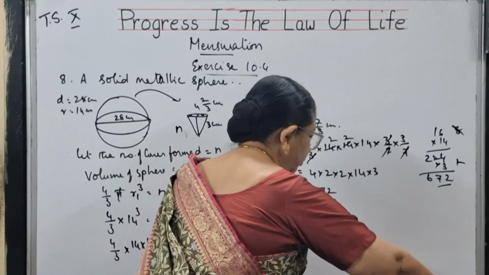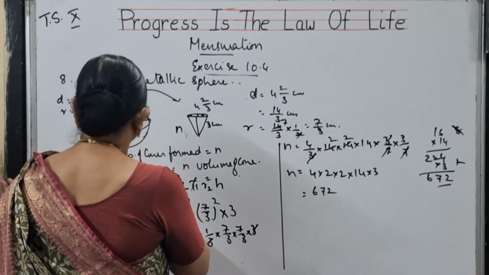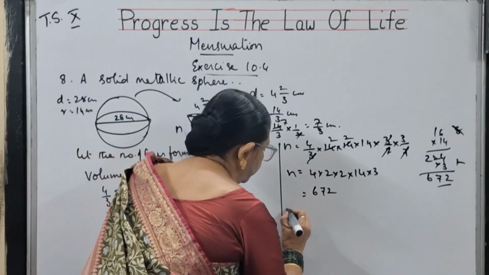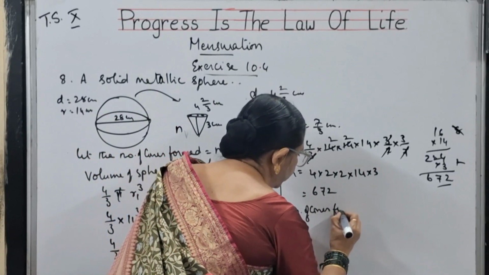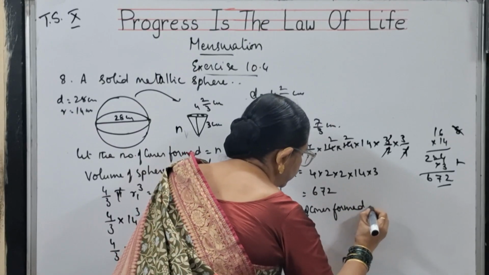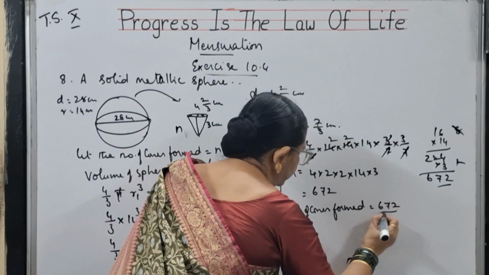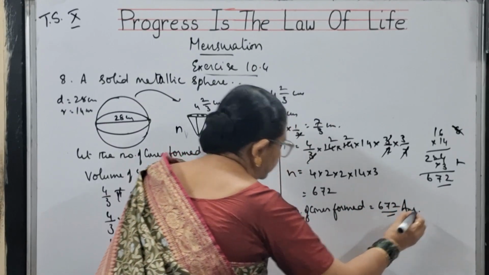So what is the question? We are taking n as the number of cones formed. Therefore, the number of cones formed is equal to 672. This is the answer, children.